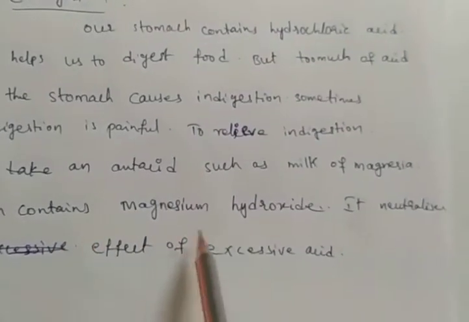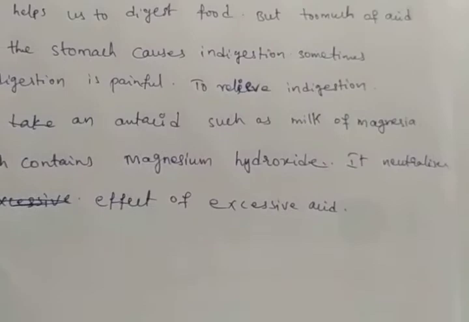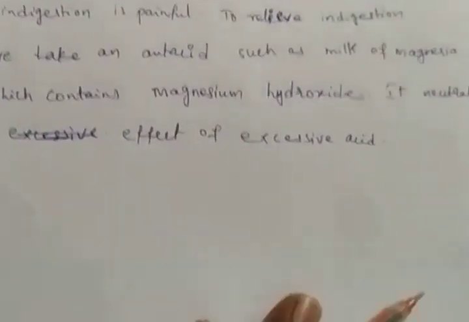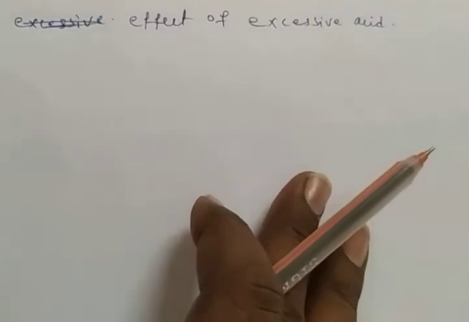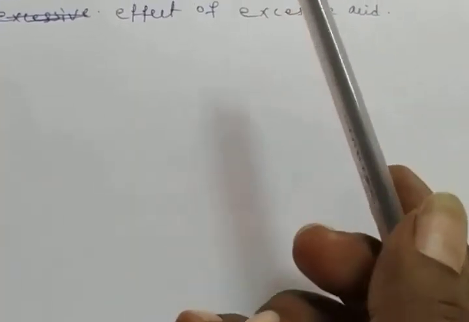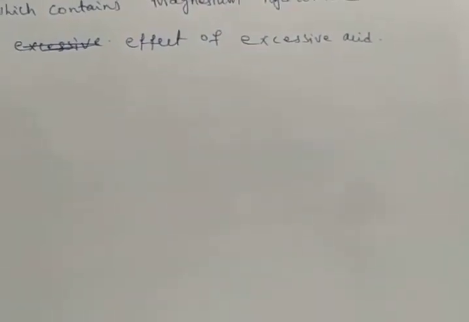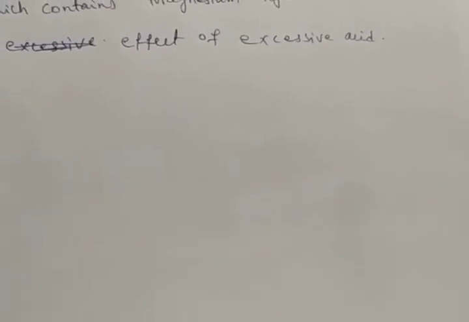It is a base which contains magnesium hydroxide. It neutralizes the effect of excessive acid. This is about indigestion as an everyday life neutralization reaction. Why? Because HCl is an acid, and the milk of magnesia antacid is a base. That acid with the base will be neutralized.